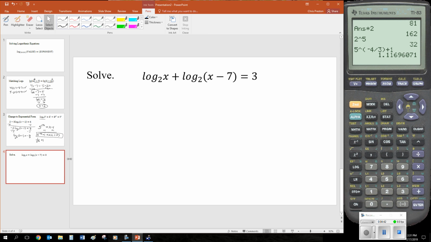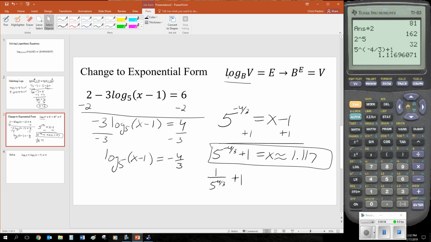And then another type of problem we would see here is where you have 2 logs. Maybe they're adding in this case, or maybe they're subtracting. Going back, we again need to get it in this logarithmic form, log base of the value equals the exponent, before we're ready to do anything else.